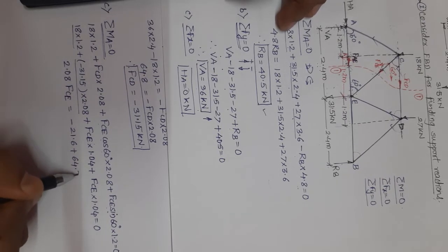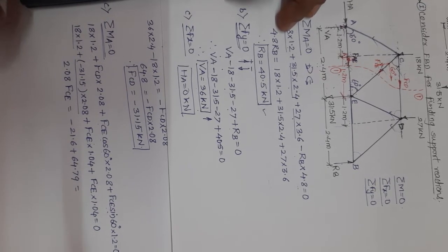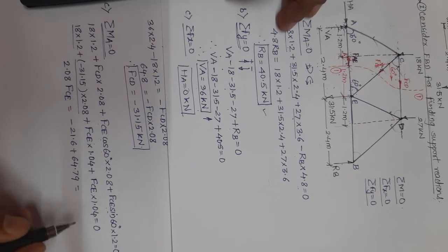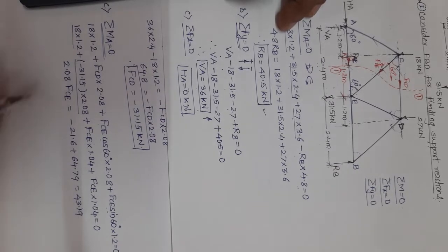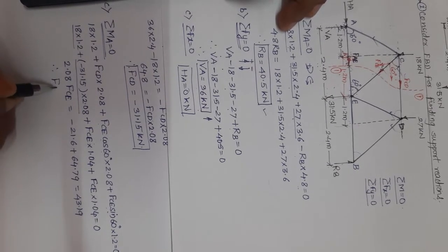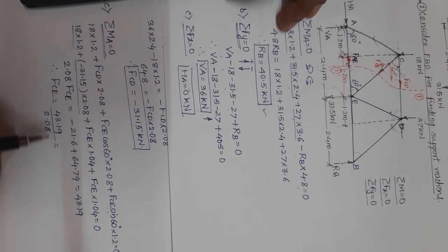Okay, so that is equal to minus 21.6, 43.19. Okay, so therefore FCE is equal to 43.19 divided by 2.08.